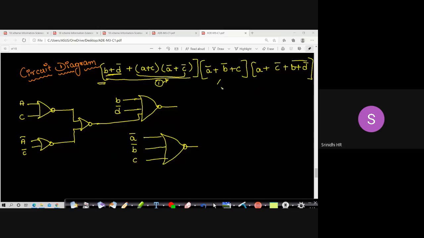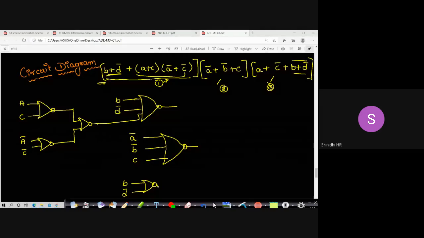Next I'll be writing for the third. Okay, this part. So how do I write? Here I'm having B plus D bar whole bar. So I'll be taking it as B and D bar. B is one of my inputs, and D bar. So B plus D bar, I'll be barring it again.